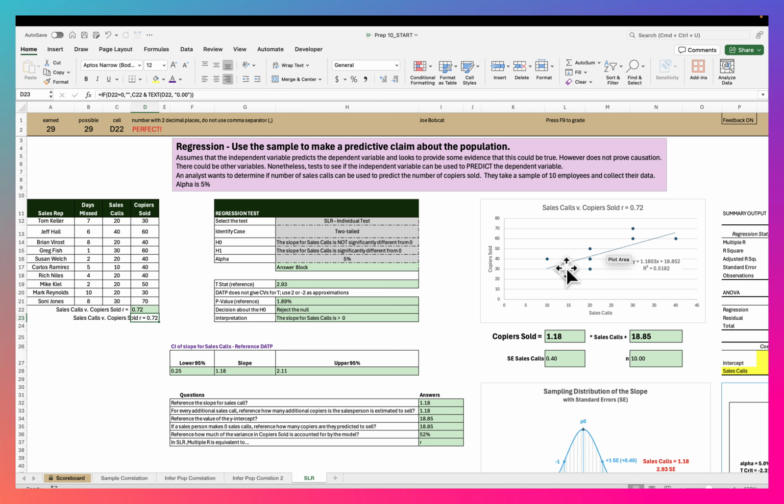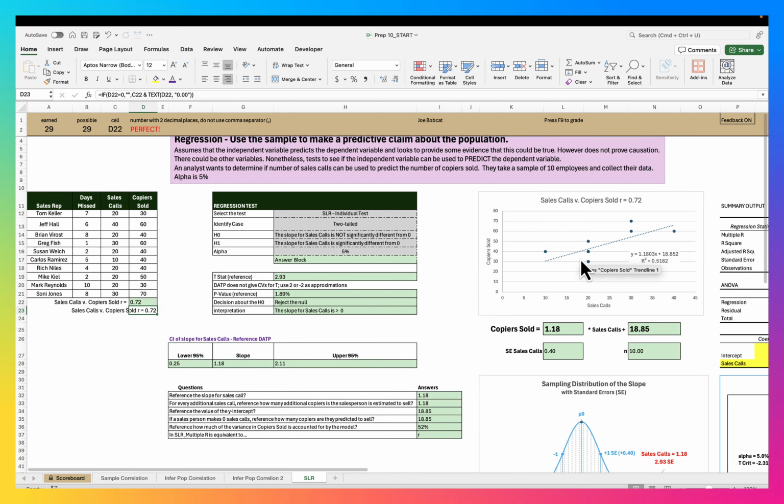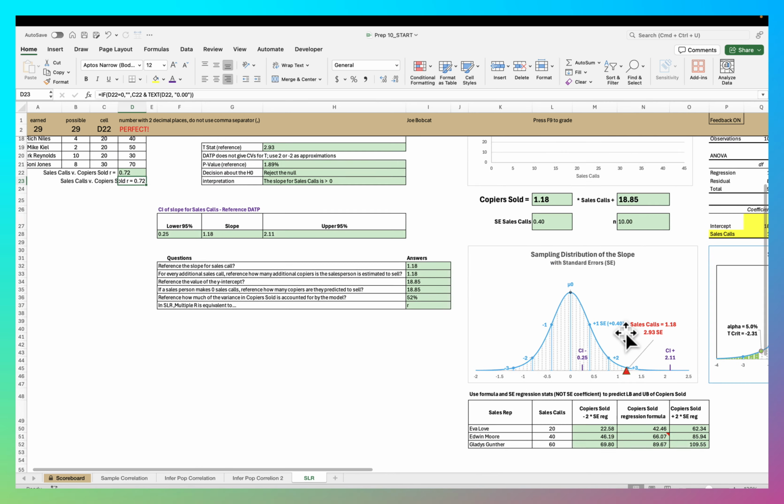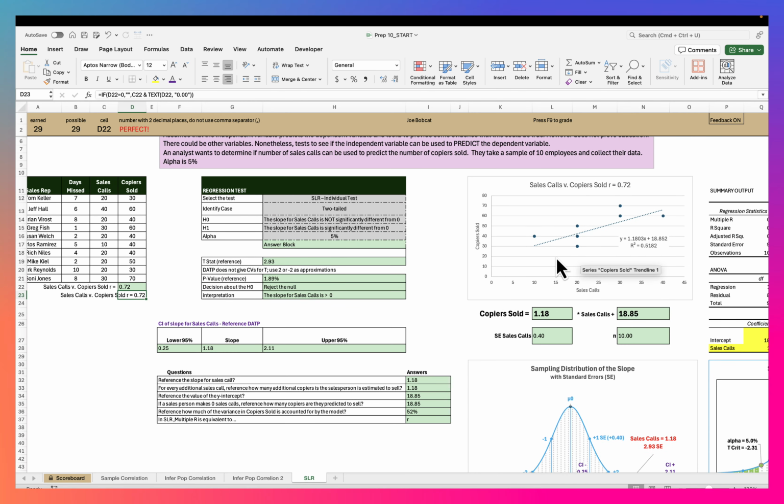But regression, on the other hand, actually gives you the equation of the line, right? And that equation can be used to predict future values for unknown x's. We can predict future y's, in other words, predict copiers sold for other values of sales calls, assuming that the linear relationship holds throughout. So it's a very, very powerful tool for predicting.